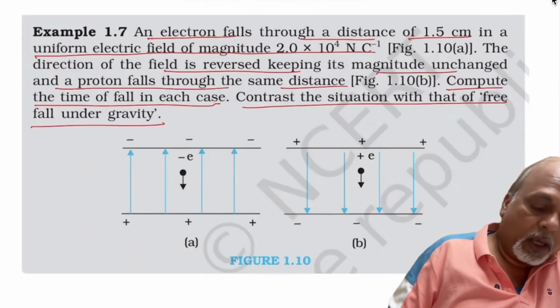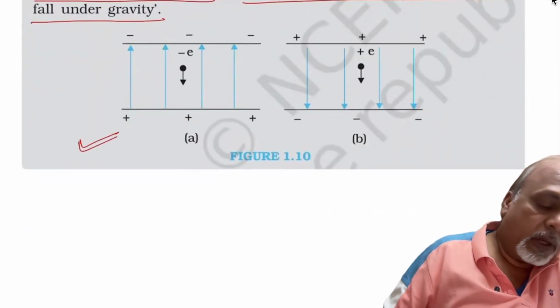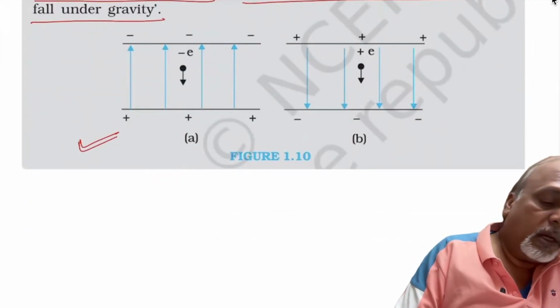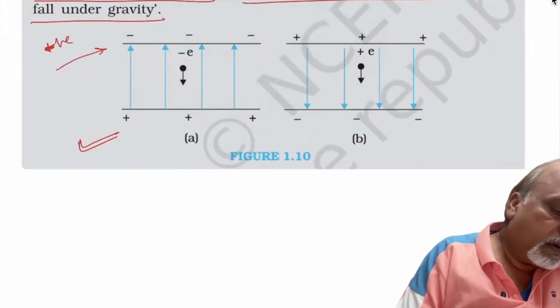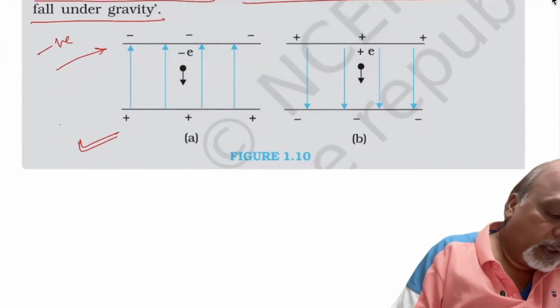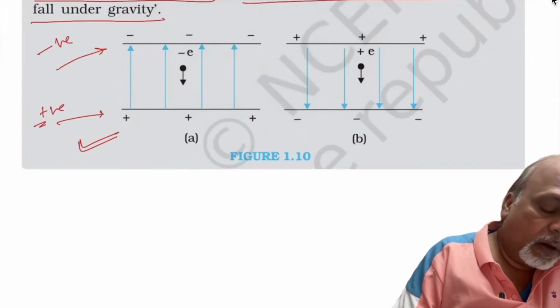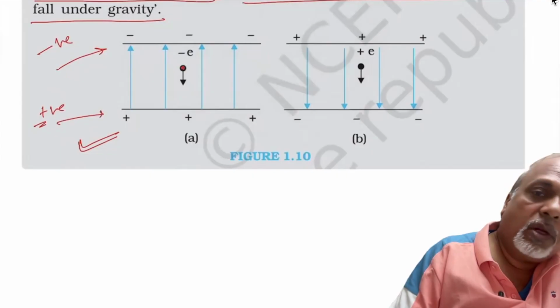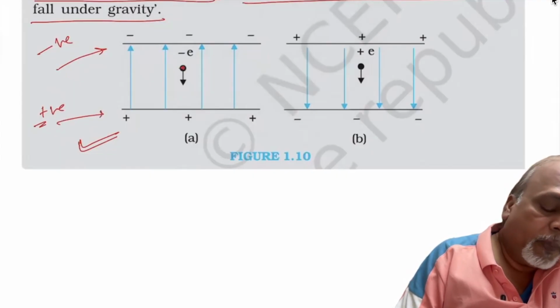Correct. So let us see figure A. In this figure, this plate is negative and this plate is positive. Now this is electron. Naturally, electron is a negatively charged particle.